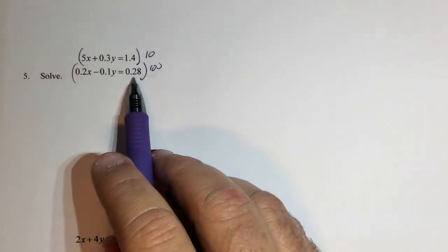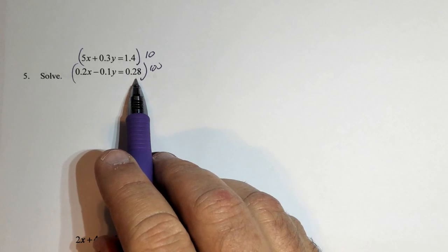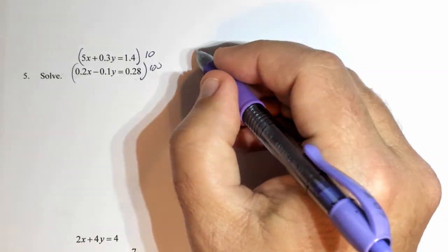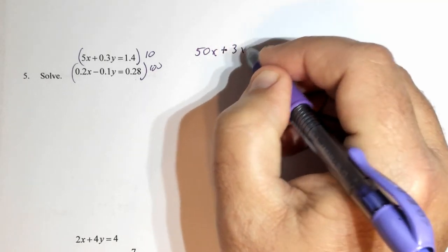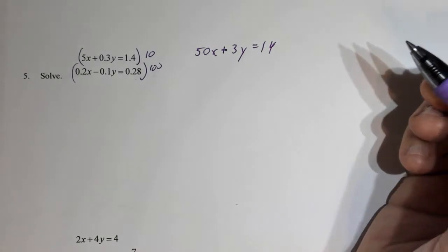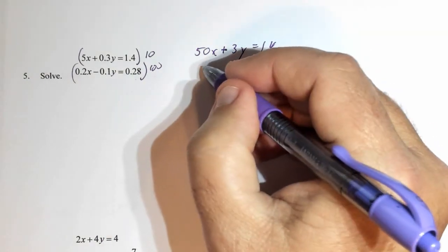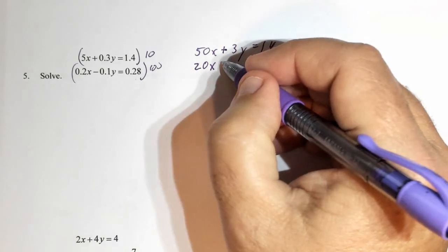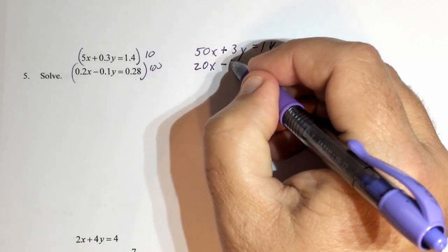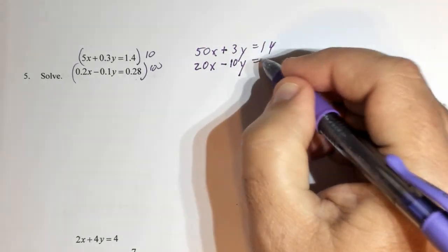Now, why would I pick 100? So that that 0.28 becomes 28, which would give me 50x plus 3y is equal to 14, and then the bottom is going to be 20x minus 10y is equal to 28.